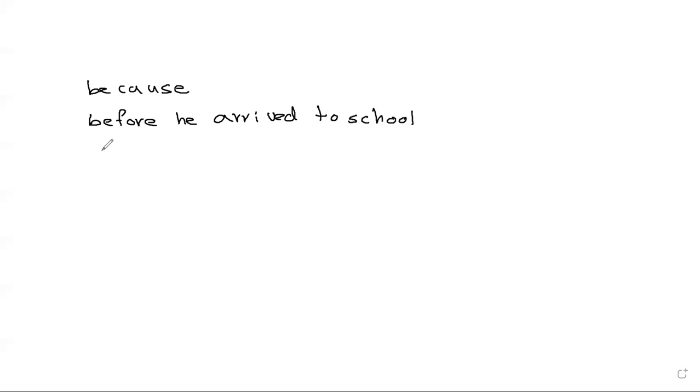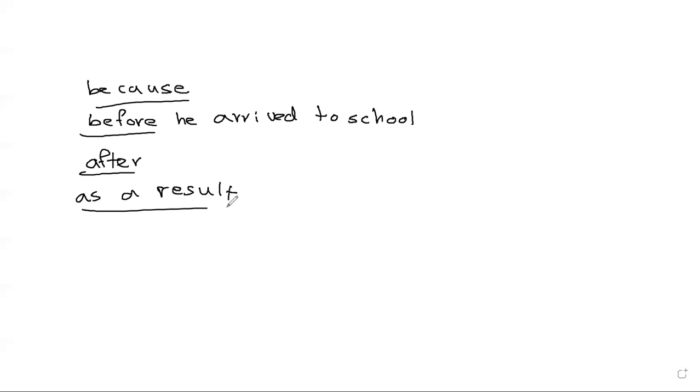Was he happy? Because, before, after, as a result. Basically anything that makes you ask why, or makes you ask, well, what next? So these are examples of dependent clauses.